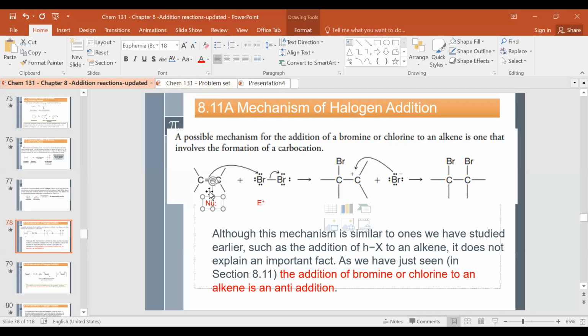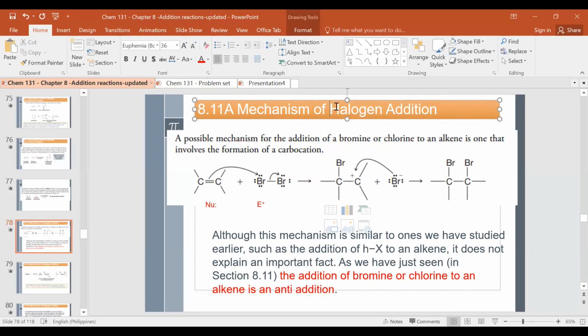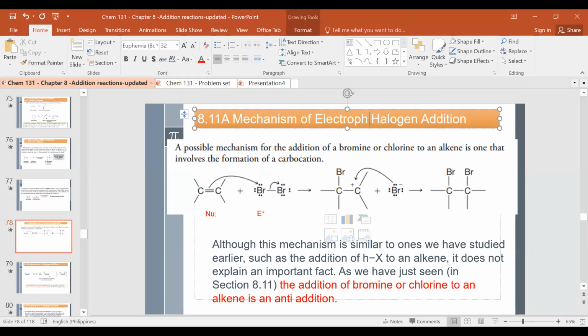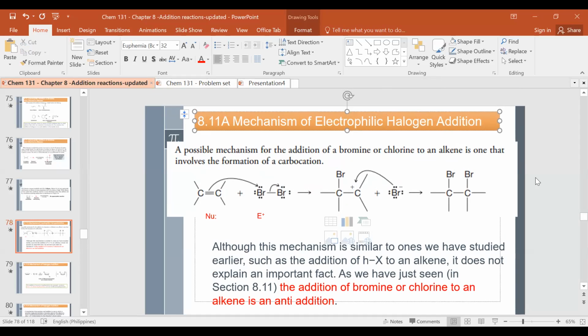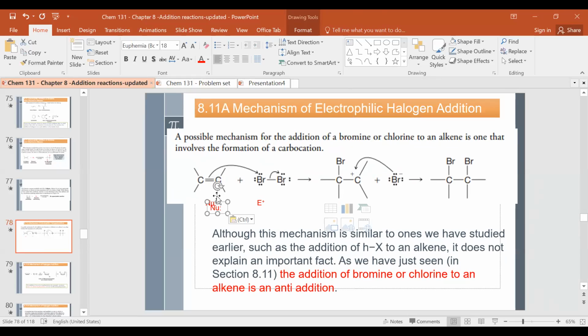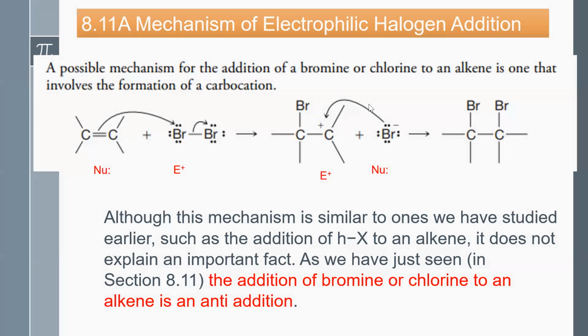Okay, so our arrow, again, if you have to remember, even if you call this one an electrophilic addition, our arrow will always come from the electrons. Even if it is called electrophilic addition, it is electrophilic because our electrophile here is the bromine, okay?